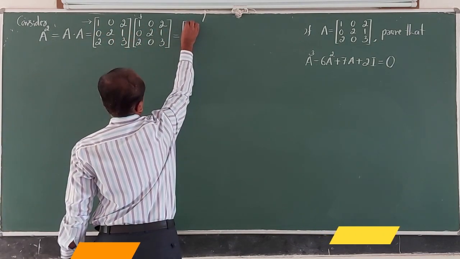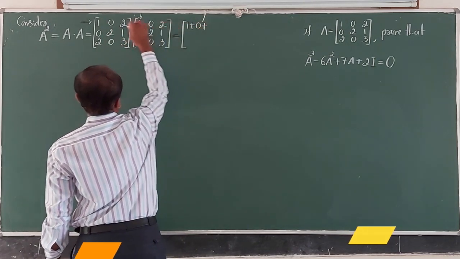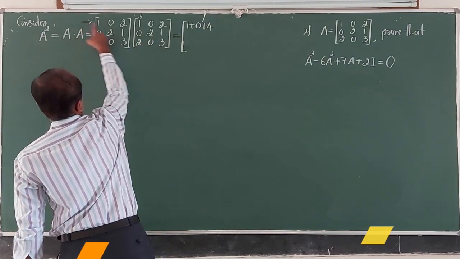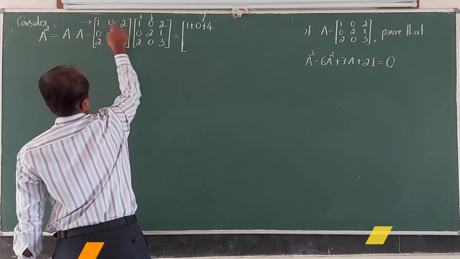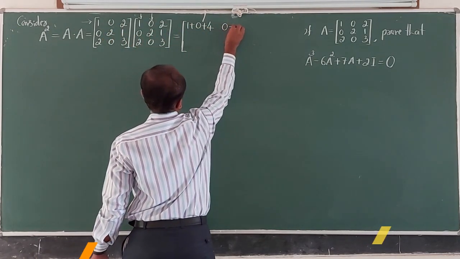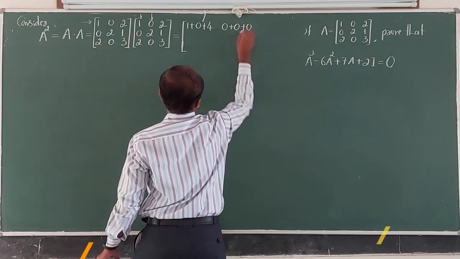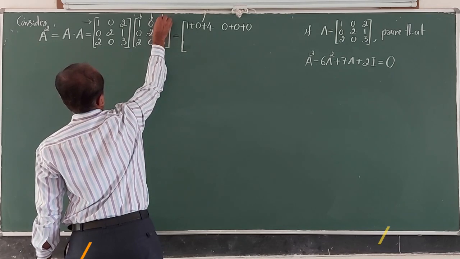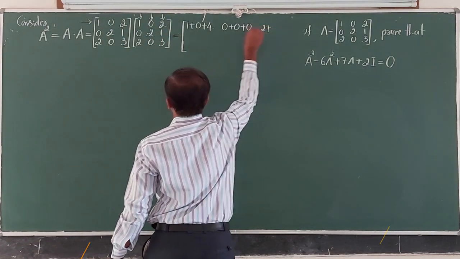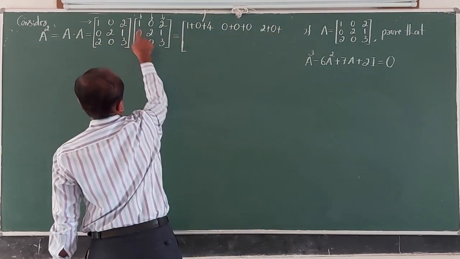1 into 1, 1, plus 0 into 0, 0, plus 2 into 2, 4. Next, first row, second column: 1 into 0, plus 0 into 2, plus 2 into 0. First row, third column: 1 into 2, plus 0 into 1, plus 2 into 3.